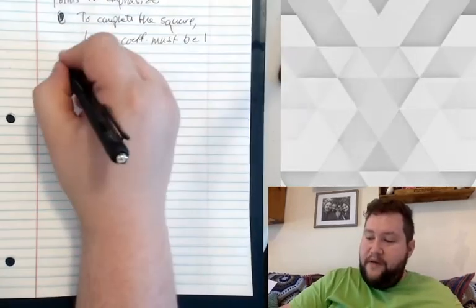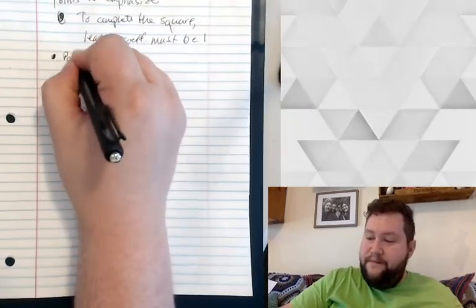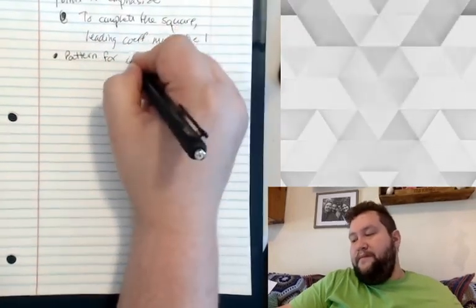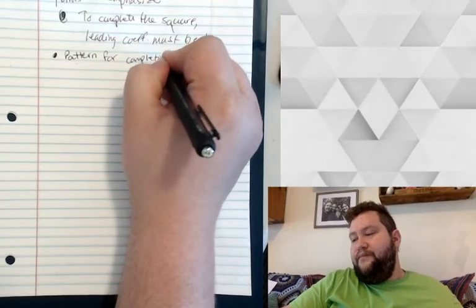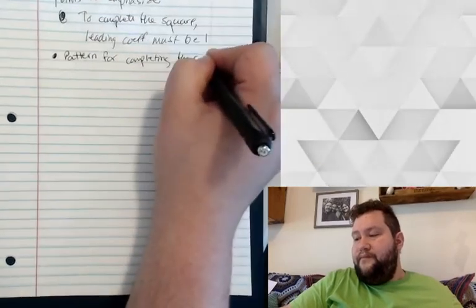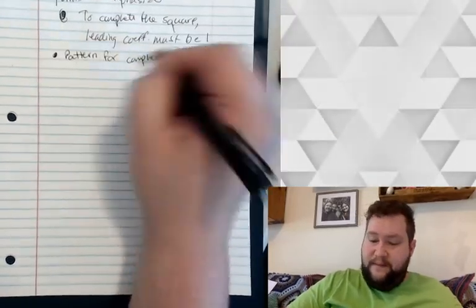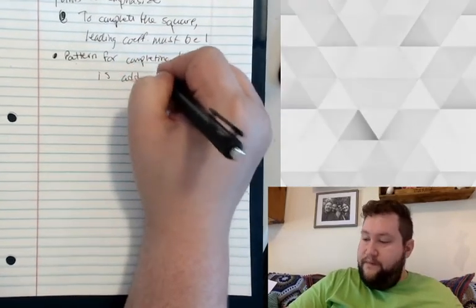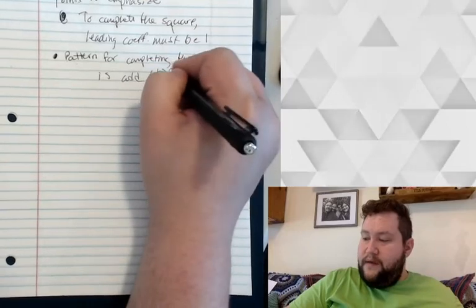Our pattern for completing the square is add b over 2 squared to both sides.